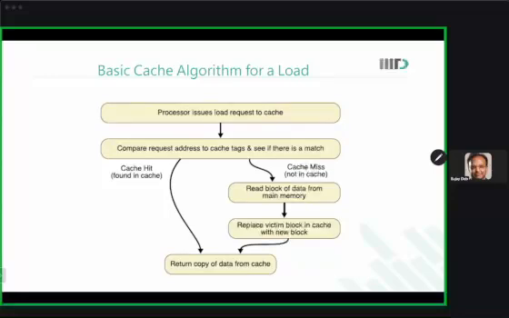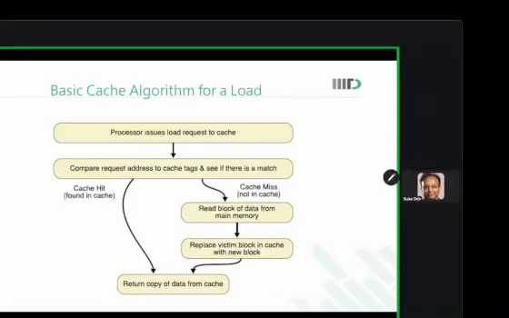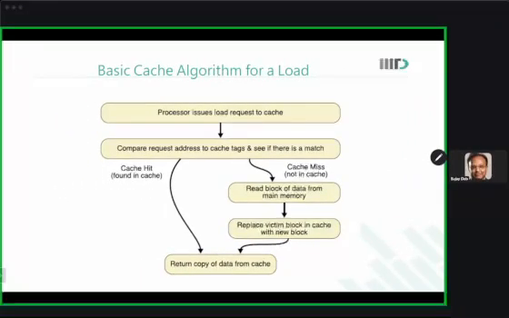So the cache also keeps the same copy of the data which is there in the big slow memory. And now if what the cache has is what the processor is looking for, then there is a cache hit. So you can return the data from the cache.